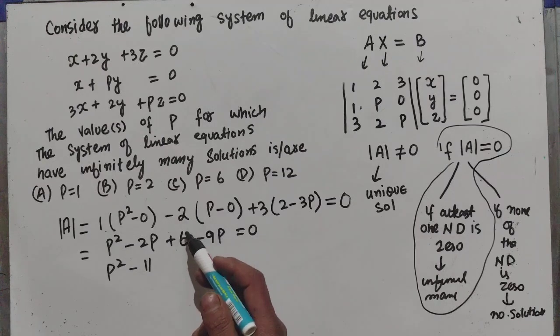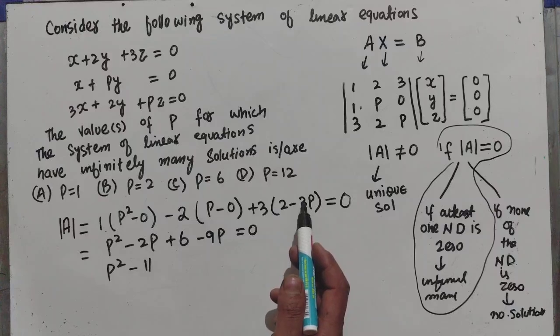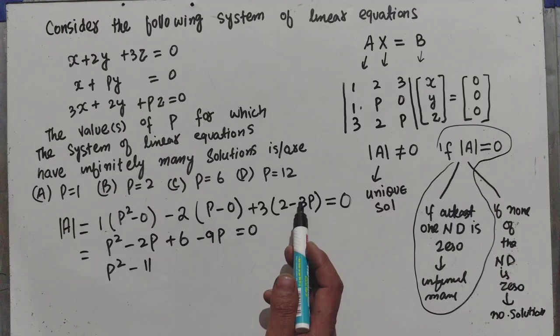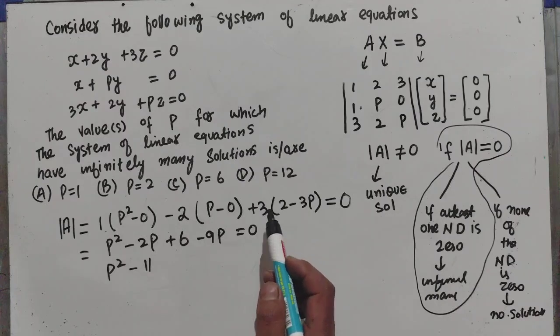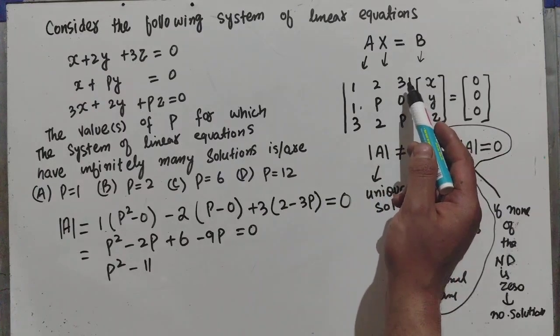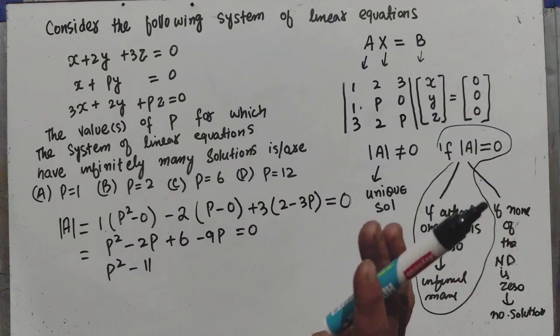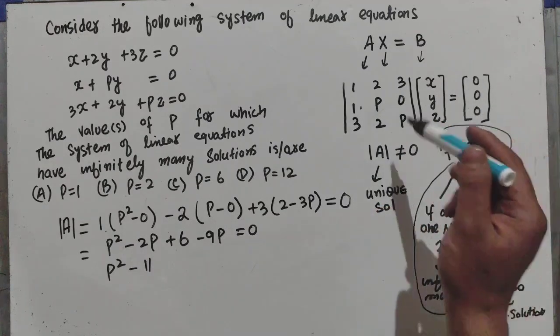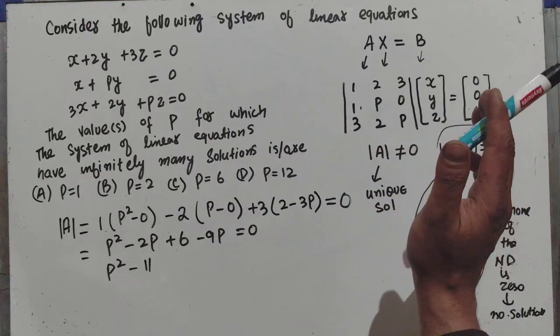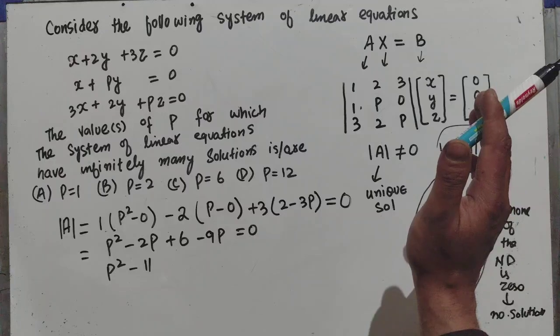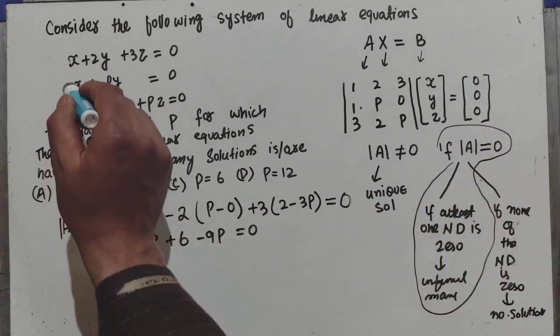So we have here p square minus 2p, 3 3s are 9, somewhere I have done a mistake. So here we have 3, okay. So when we have 3, we delete this and this, sorry, here we have 2x.